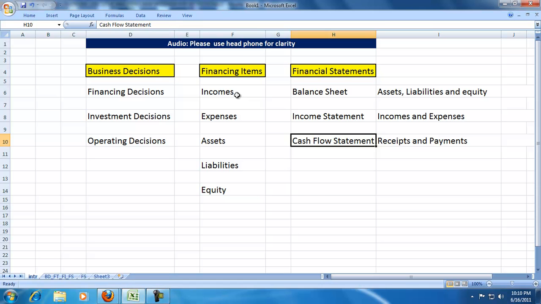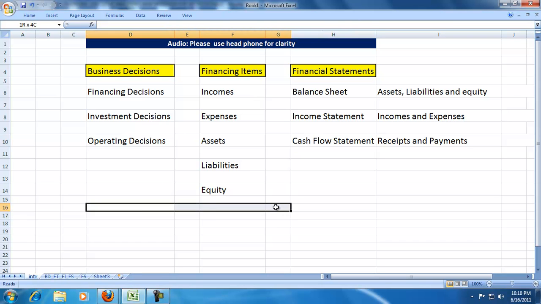So to recap, the process of converting business decisions into financial statements is what we are defining as financial accounting.